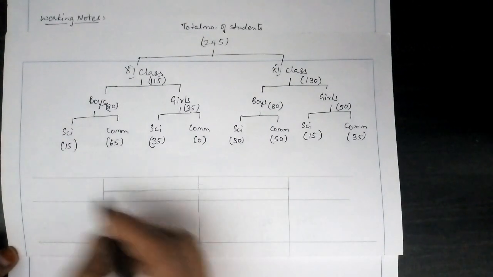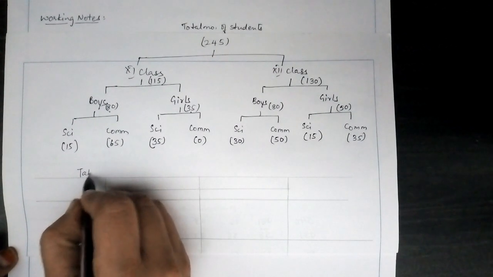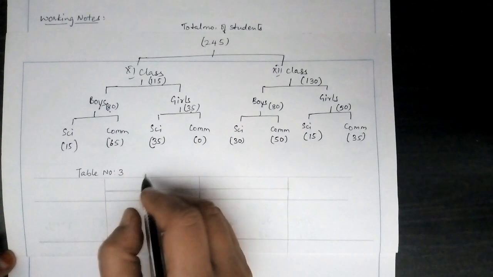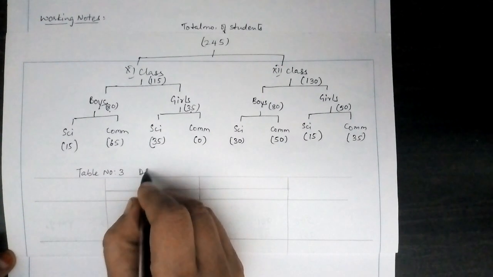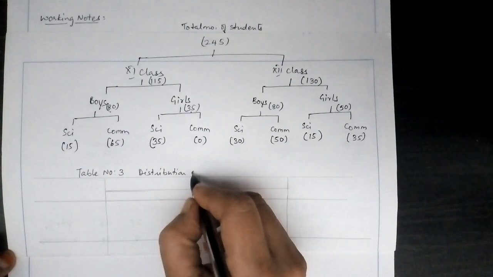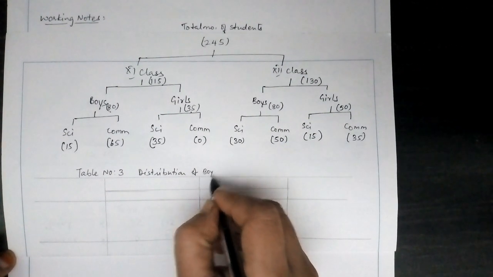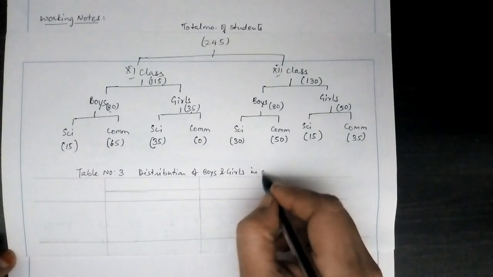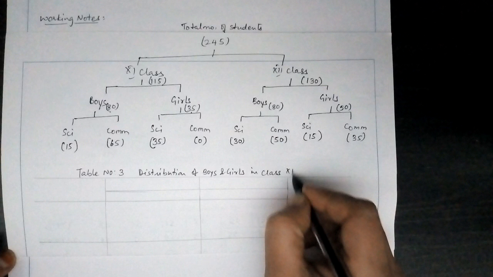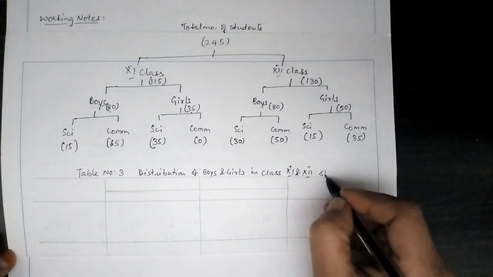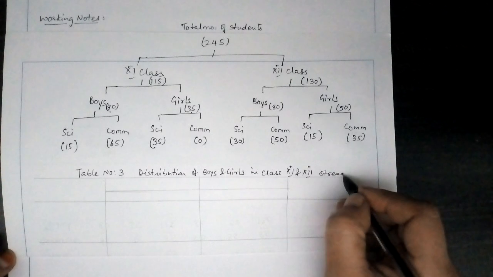So first we need to write down the table number 3, let us say, and this shows distribution of boys and girls in class 11 and 12 stream wise, or stream wise distribution, whichever way you want to write.